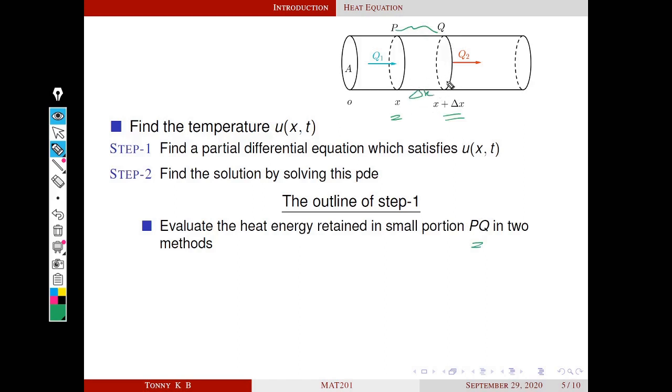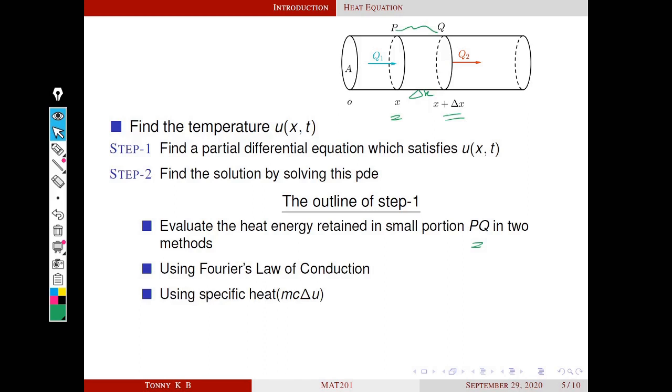We have to find the heat energy retained in the portion PQ in two different ways. First, using Fourier's law of conduction, that is, heat flow is equal to minus kappa A times partial du by dx. The other is using specific heat, m c delta U. Here delta U is the temperature change, m is the mass, and c is the specific heat of the material. Then by equating these two quantities, we will get our required partial differential equation, the heat equation.